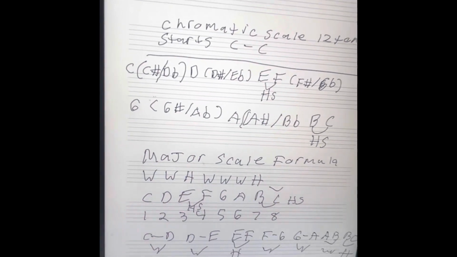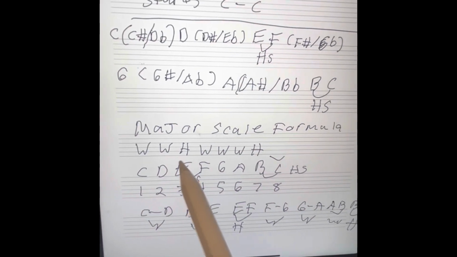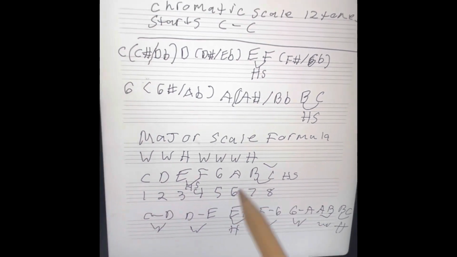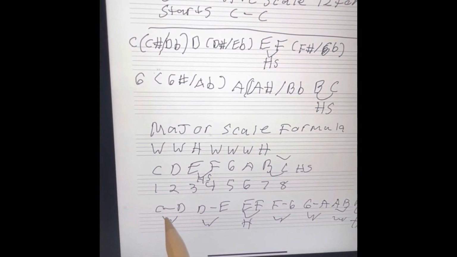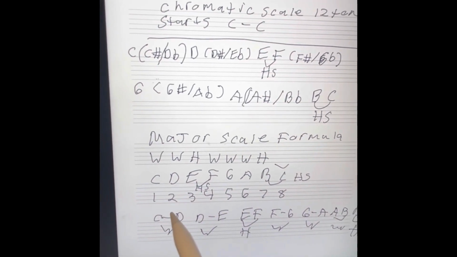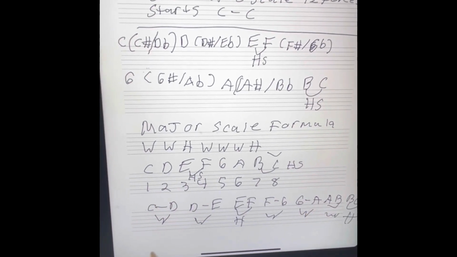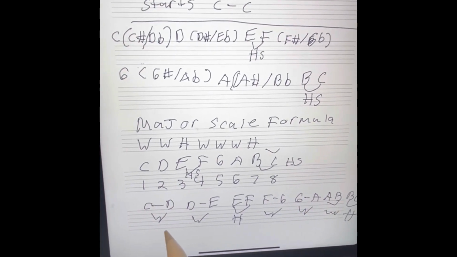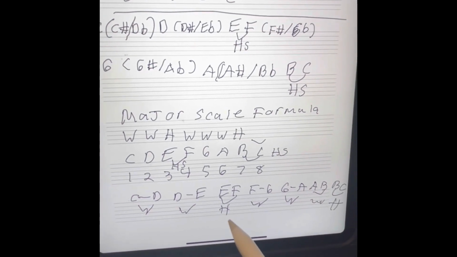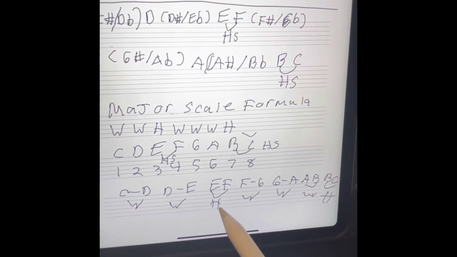So we got that. So the major scale formula is whole step, half step, whole step, whole step, whole step, half step. So for example, with the C major scale, there is no sharps and flats, because if we take the formula here, so 1, 2, 3, 4, 5, 6, 7, C to D would be a whole step, D to E would be a whole step, and if we remember E to F, there is no E sharp or anything like that, so that would be a half step.